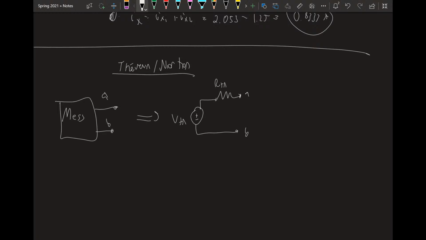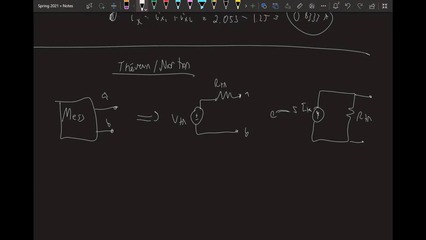Can you use superposition when there are dependent sources? I don't think you can deactivate a dependent source quite like you can independent sources. Dependent sources don't deactivate quite as well because their values depend on other values in the circuit. So I don't think you can just eliminate them. I'm not quite sure, to be honest, but I wouldn't try it.